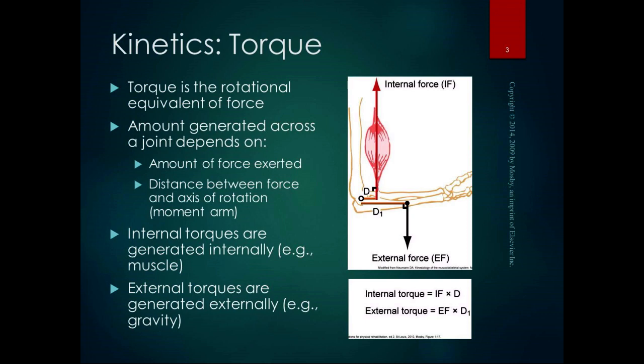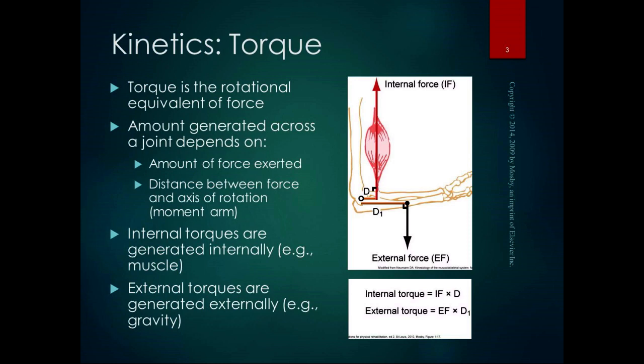Internal torques are generated internally by muscles usually, and external torques are generated externally, often by gravity or by other things. So the other names for internal moment arm and external moment arm are force arm and resistance arm. So you will hear both of those things used.